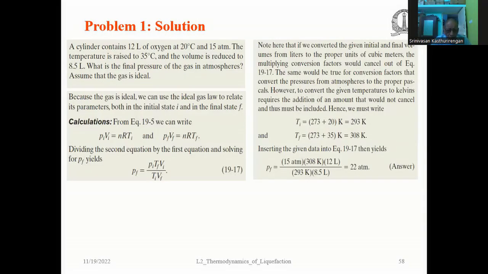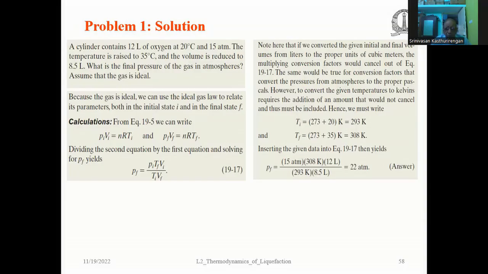So we have to use the formula P1V1 is equal to nRT1 or P2V2 is equal to nRT2. In other words, P1V1 by T1 equals P2V2 by T2. Here 1 and 2 are represented as initial and final. So PF is equal to PI TF VI divided by TI VF.